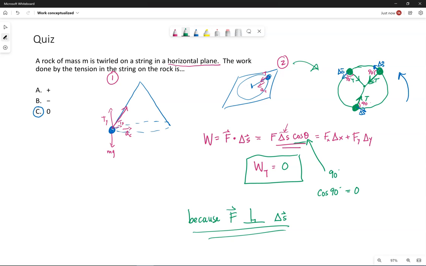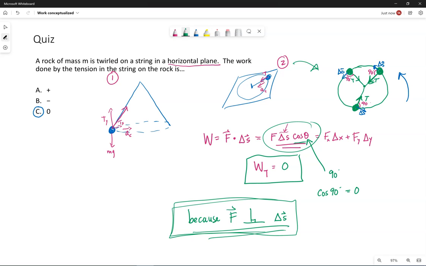But we can always go ahead and just remember this. We don't have to memorize it. The equation will allow us to reason it out. But ultimately, the force itself, if it is perpendicular to the displacement, the work done by that force is zero.